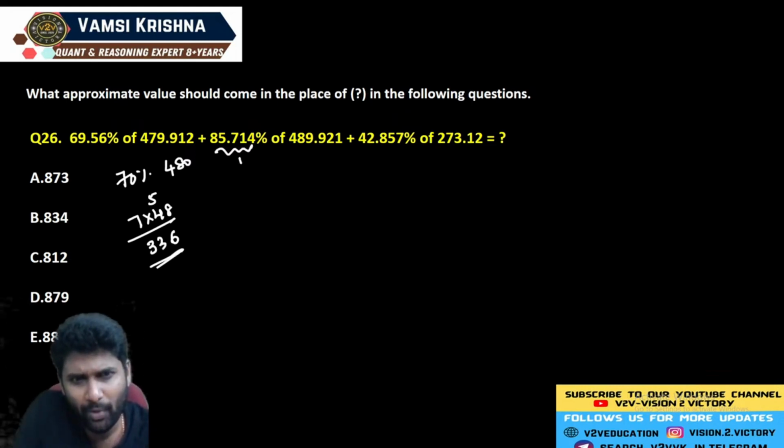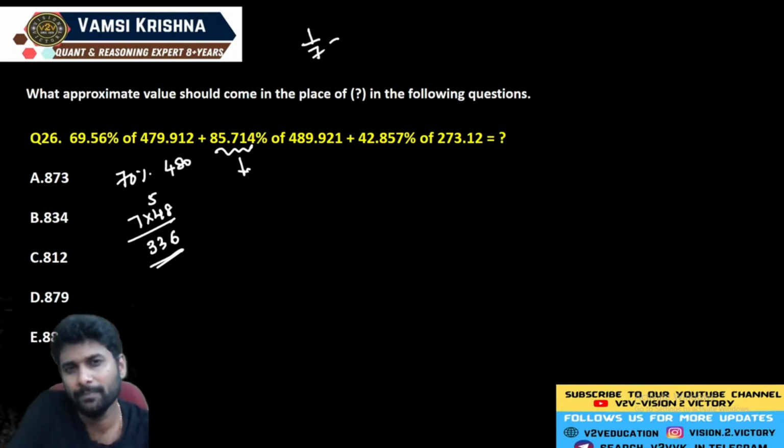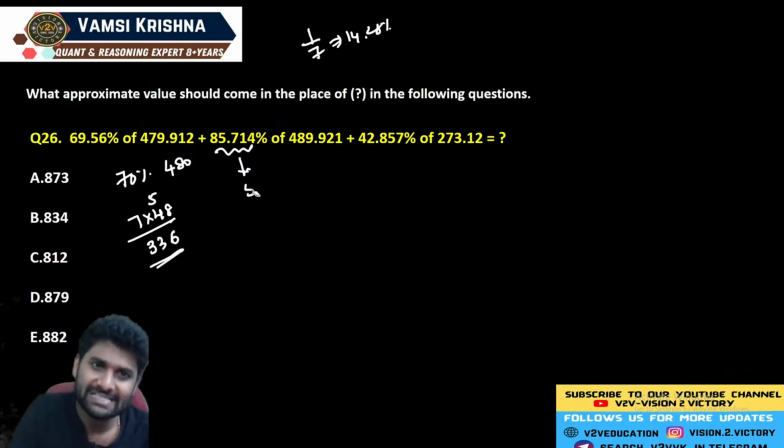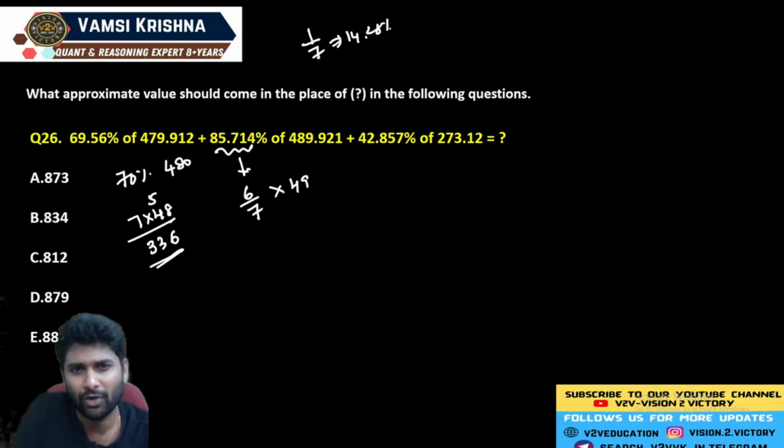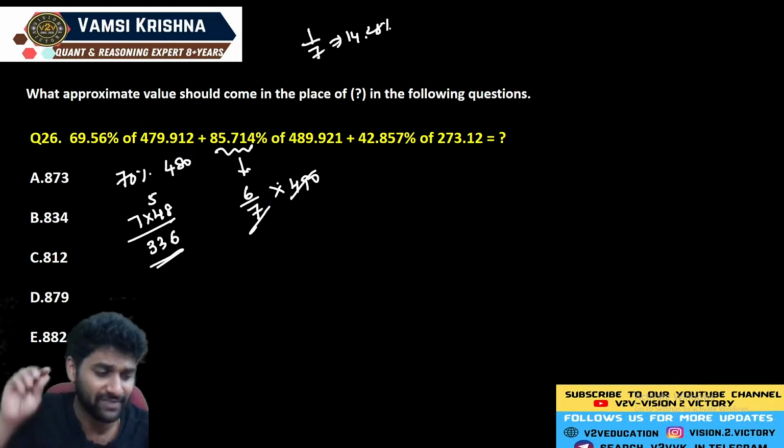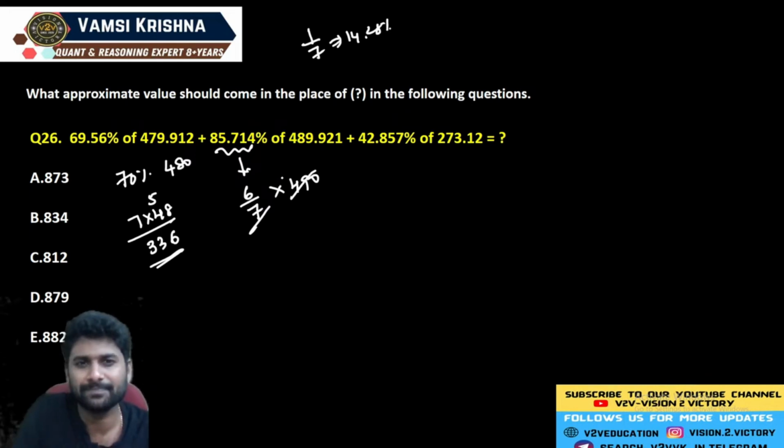And 85.714, guys, you already know that 1/7 of value is equal to 14.28 percentage, guys. Definitely it's a value of 6 by 7. Why? Because 86 plus 14, guys. So 6 by 7 of 490 taken this way, guys. That's why learn all the conversions. 7 6 are 420.